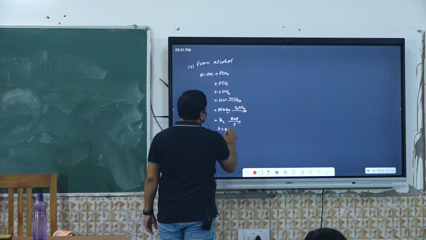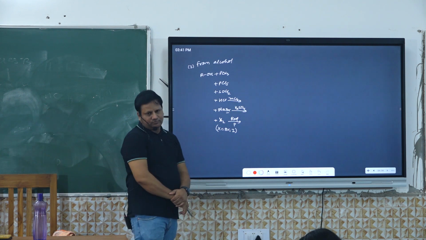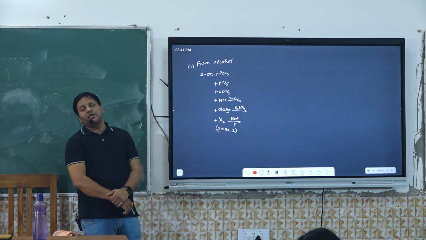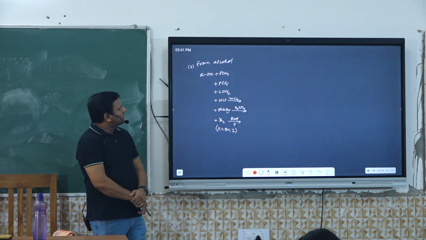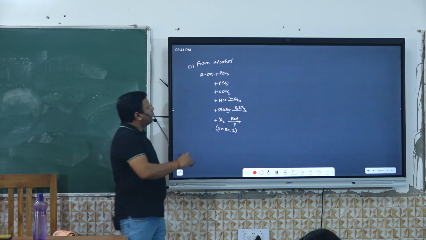Here X can be bromine or iodine. So these are the methods by which we can prepare haloalkane starting from alcohol.